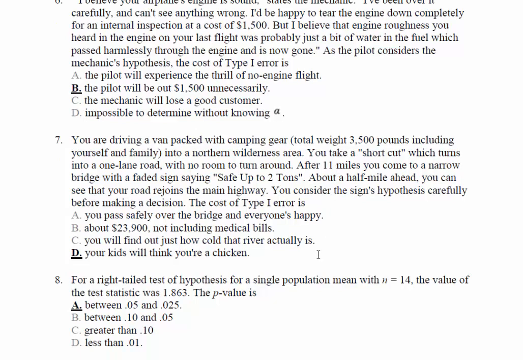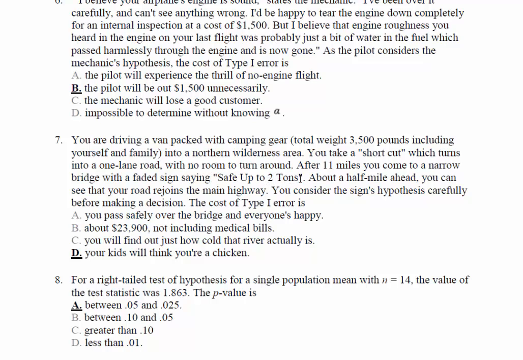You're driving a van packed with camping gear, total weight of 3,500 pounds, including yourself and family, into a northern wilderness area. You take a shortcut which turns into a one-lane road with no room to turn around. After 11 miles, you come to a narrow bridge with a faded sign saying safe up to 2 tons.